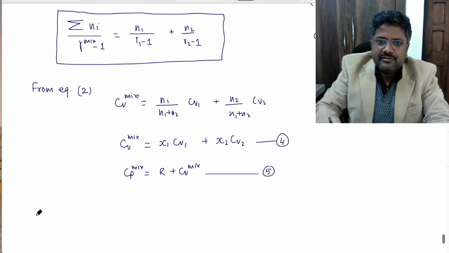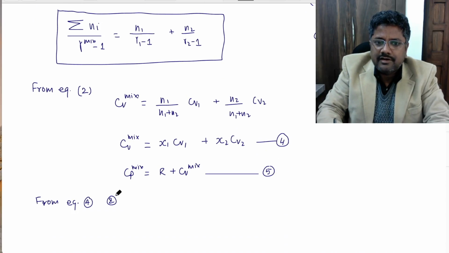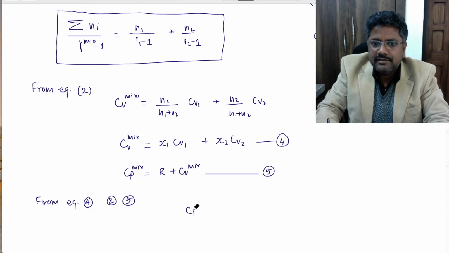Now from equation 4 and 5, you can write Cp mixture by Cv mixture is equal to gamma mixture.